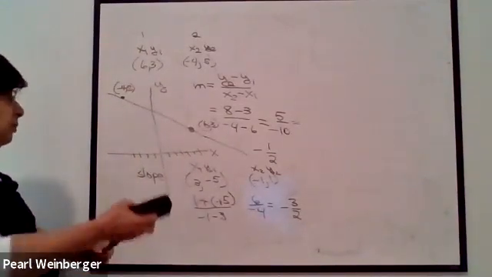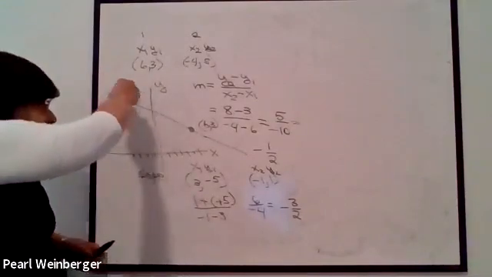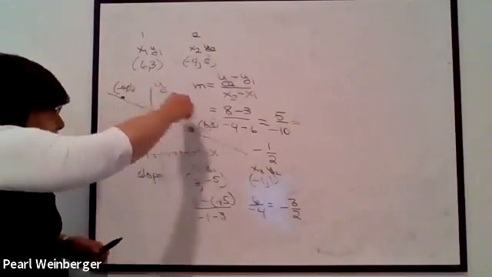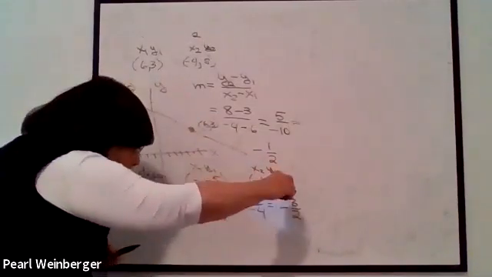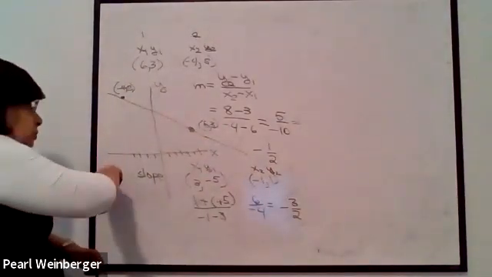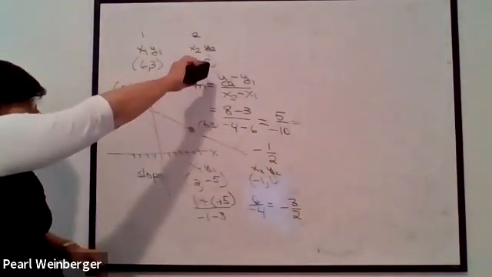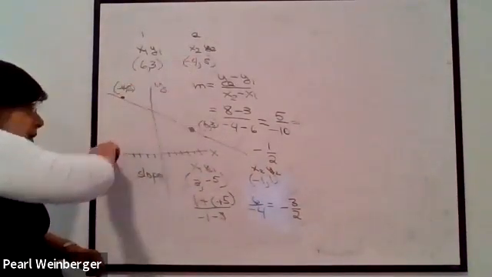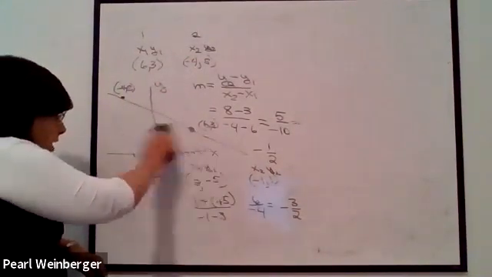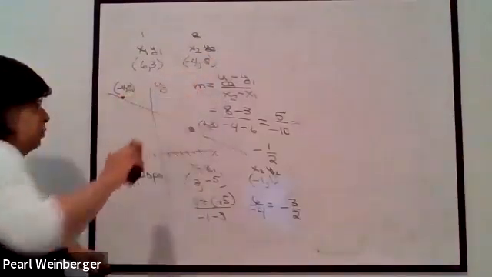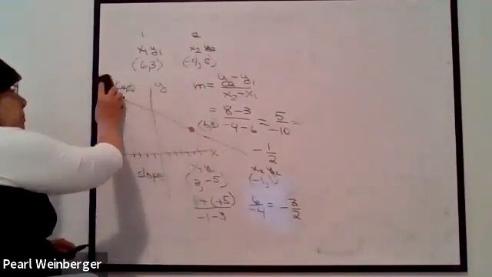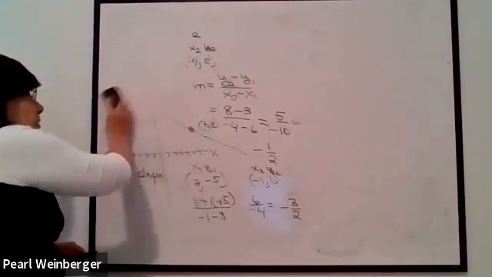Now, obviously, one thing we said is that if the line goes down as you're going from left to right, it means the slope is negative. If as you go from left to right, the line rises, again, it's always as you're going from left to right, because this is the lower to the higher, if you're going up, the slope is going to be positive. But look at this line.